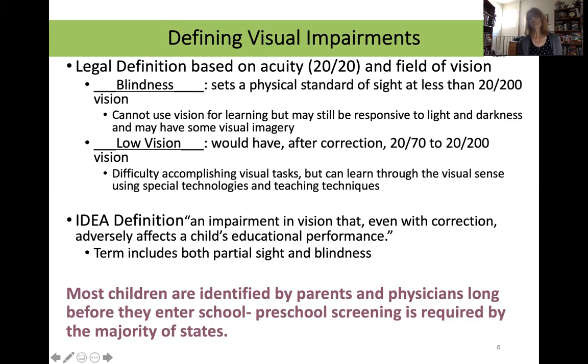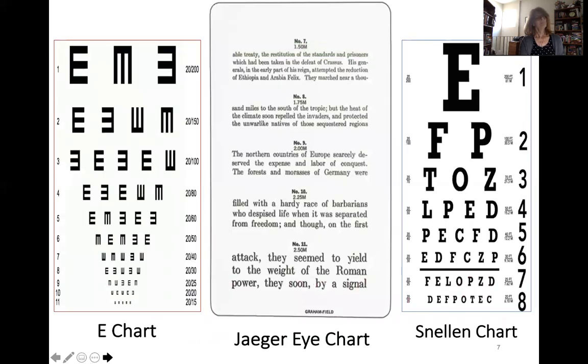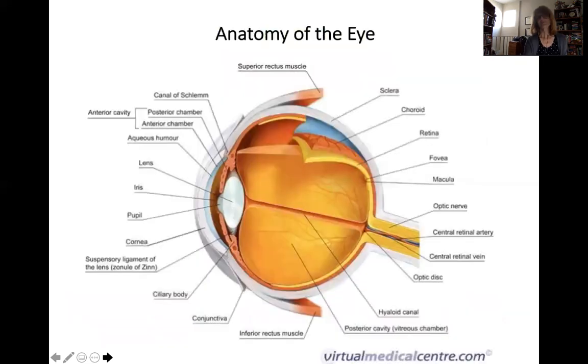And in preschool, most of our states require some sort of a vision screening for our preschool kids. These look familiar, hopefully, to most of you, and they're different eye charts that are used for different purposes. Just a little bit in terms of just a review here.